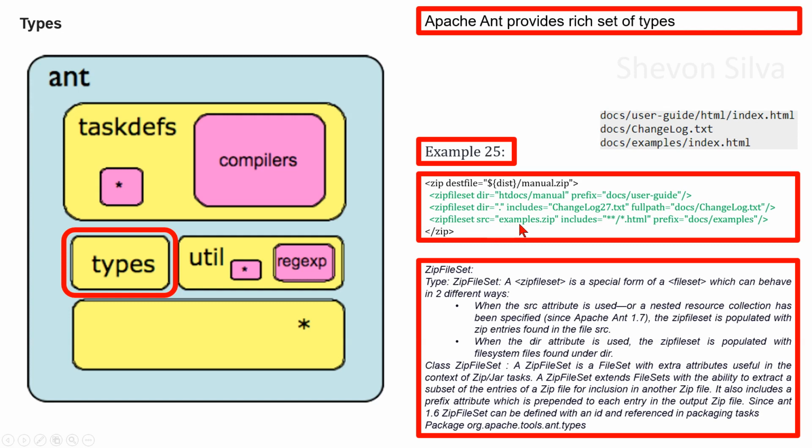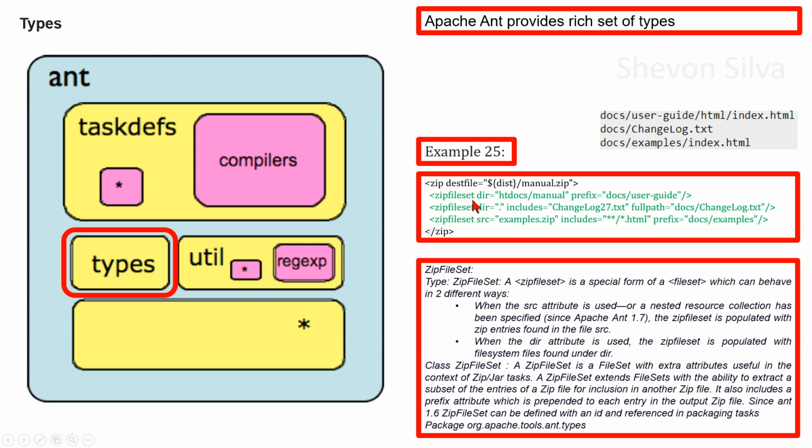When the dir attribute is used, the zip file set is populated with the file system files found under dir.